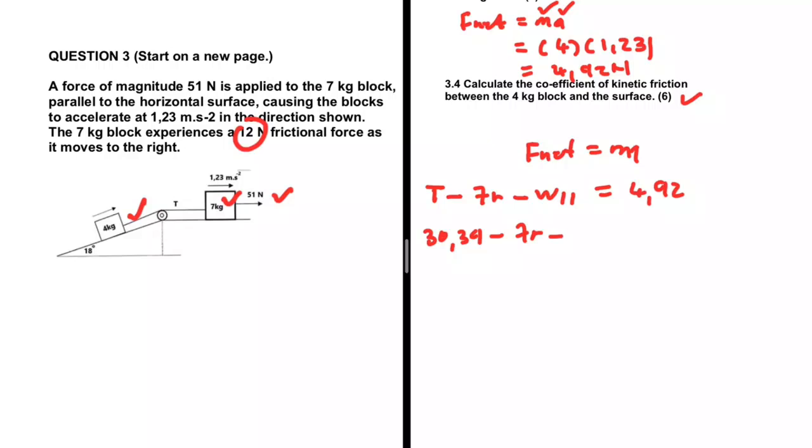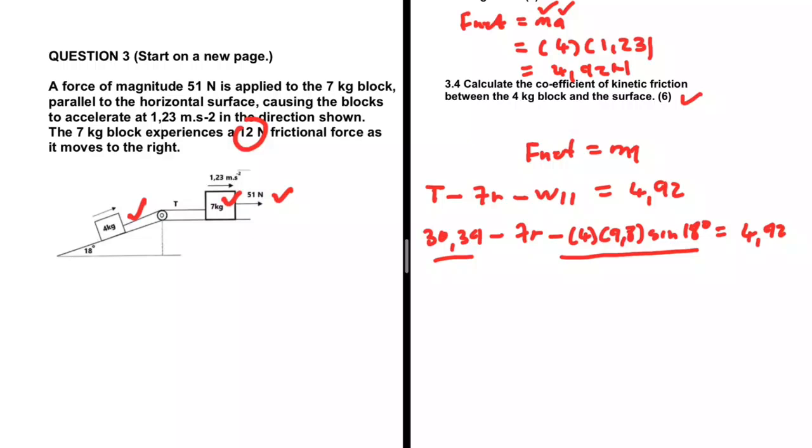Weight parallel is mg sine of theta. So that will be 4 multiplied by 9.8 multiplied by sine of 18 degrees. This equals 4.92. So 30.39 minus 4 multiplied by 9.8 multiplied by sine of 18.